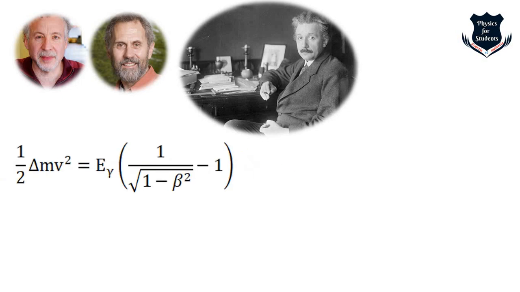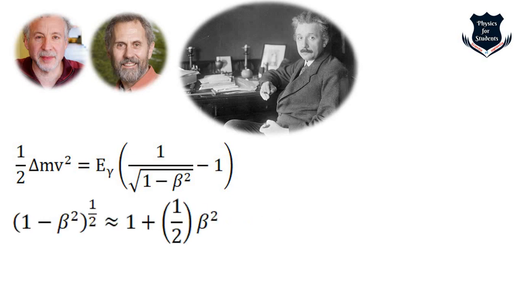And now he takes the lowest order expansion and uses the square root of this, which gives this. This is the research that Rothman and Boughn carried out, and they have shown that this is how Einstein arrived at E equals delta m c squared. That is the point which Einstein made, simplifying and using relativity.